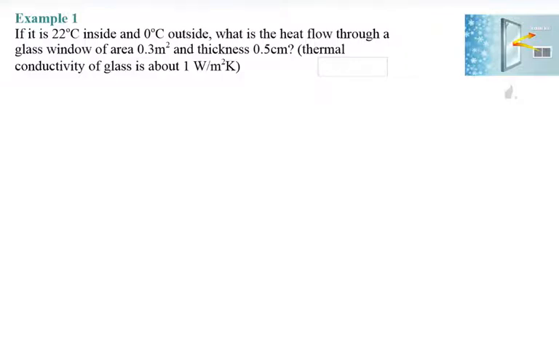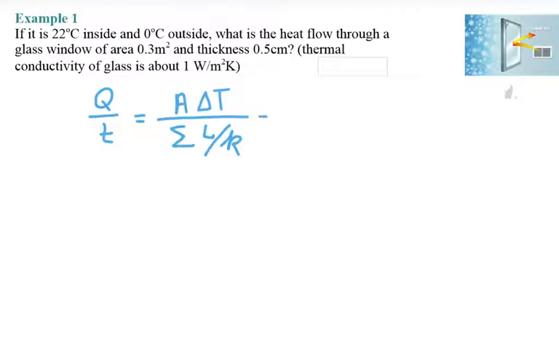So with the formula that we looked at, the heat flow, heat per time, is equal to a fraction. At the bottom we have the sum of all the thicknesses of the insulating material over K, the thermal conductivity. On the top we have the area and the change of temperature, or the difference between the temperatures.